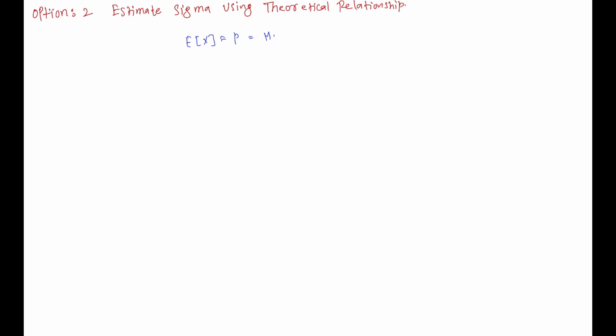Because we are considering the population parameter, the mean of the population is mu, that is the expected value of the population. Now we know the relation that in case of the Bernoulli random variable the variance, that is sigma square, is equal to p times 1 minus p, and that is equal to mu times 1 minus mu.